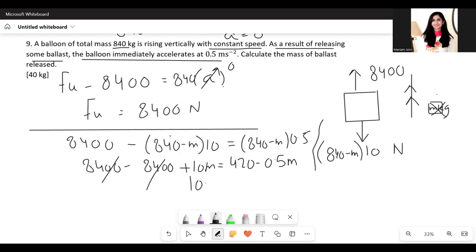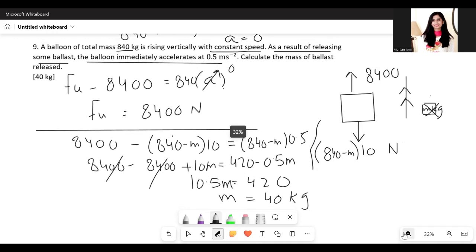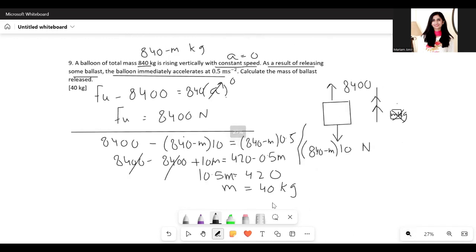We have 10.5m is equal to 420. So m is equal to 40 kgs. This was question number 9. One more question to go.